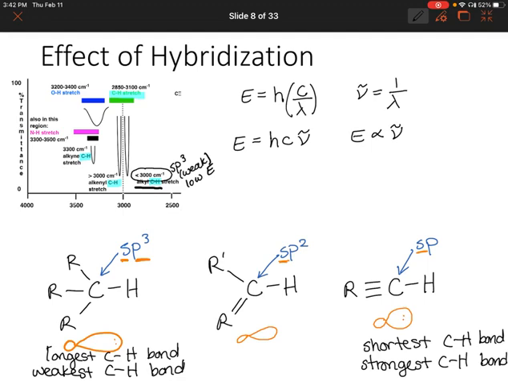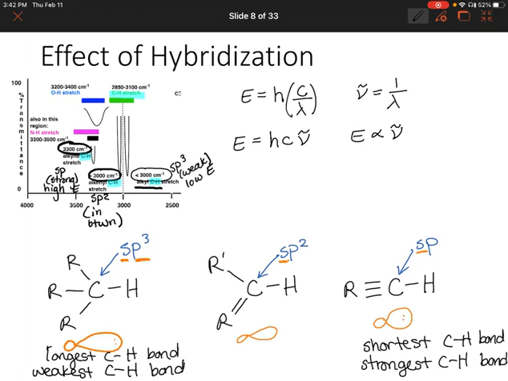So it would take a lot of energy to break that carbon-hydrogen bond. So that means its wave number will be much higher at about 3,300 inverse centimeters. And then the sp2 hybridized carbon is somewhere in the middle. It's typically found a little bit higher than 3,000 inverse centimeters. So that's our sp2, and it's in between the sp3 and sp.